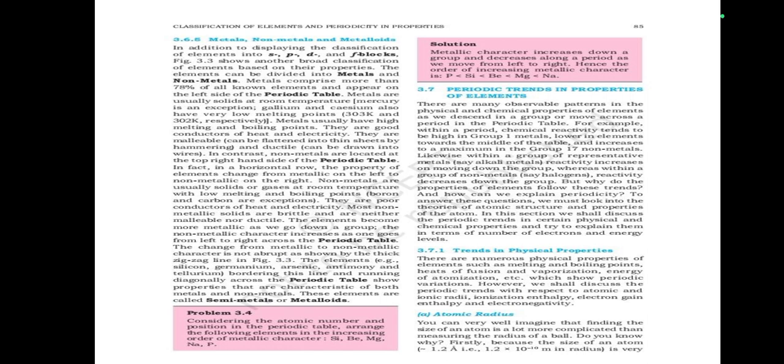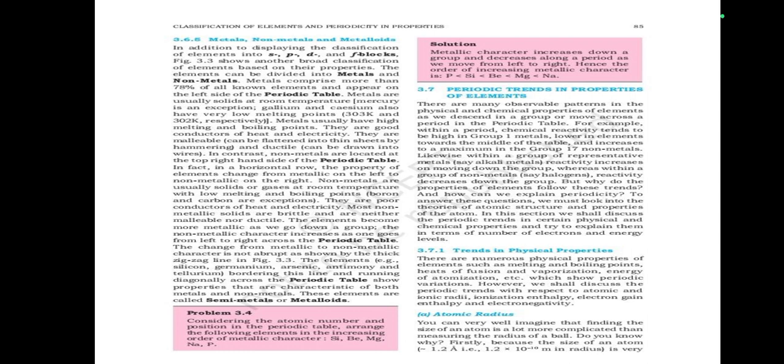Metals, non-metals, metalloids. In addition to displaying the classification of elements into s, p, d, and f blocks, figure 3.3 shows another broad classification of elements based on their properties. The elements can be divided into metals and non-metals. Metals comprise more than 78% of all known elements and appear on the left side of the periodic table.